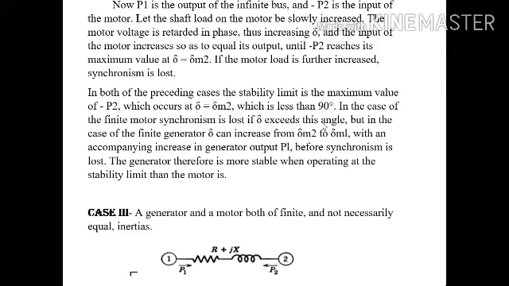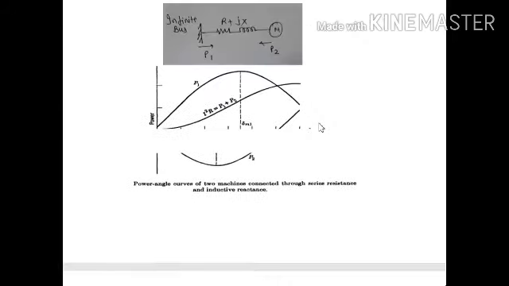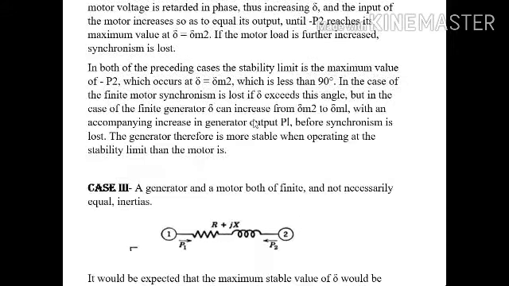But this was not true in case 1, where, as we have seen, the motor 2 was an infinite bus. The synchronism was not lost because at that time our stability limit was at delta equal to delta M1, which is greater than 90 degrees.